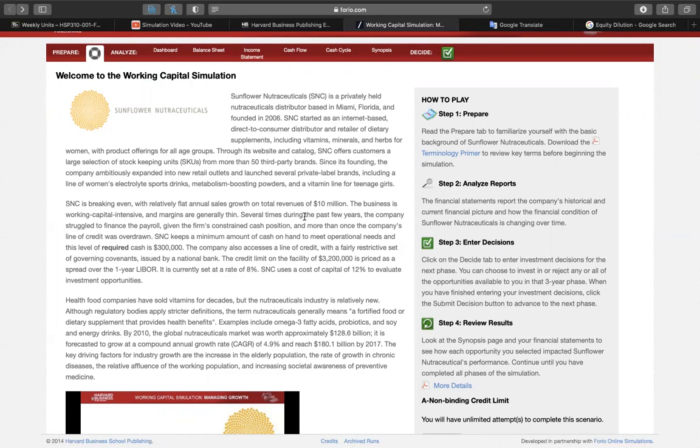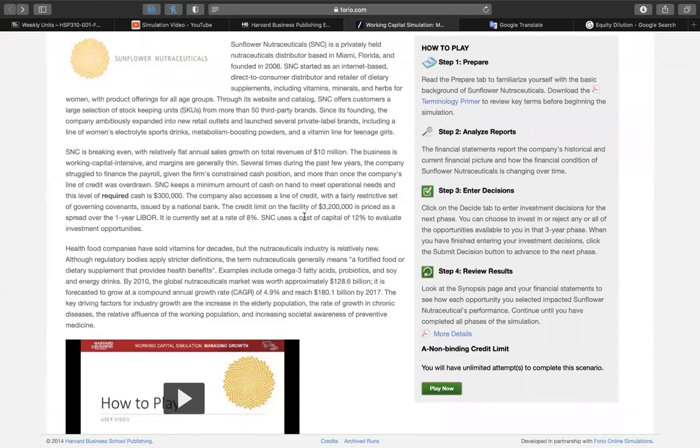So NC keeps a minimum amount of cash on hand to meet operational needs, and this required level of cash is $300,000. So I am responsible for deciding whether to invest in a growth and cash flow improvement opportunity during phase 3. Okay, we're going to play it now.